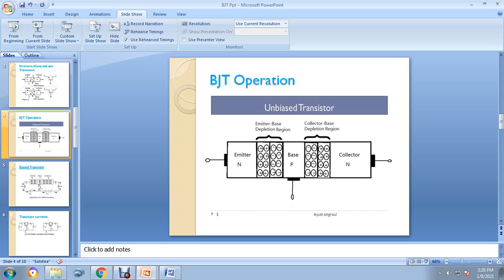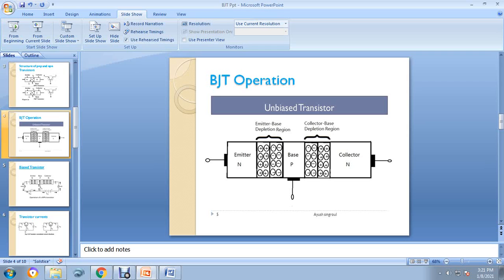Similarly, the depletion region at the collector junction penetrates less in the heavily doped collector region and extends more in the base region. So the barrier voltage, which is the voltage necessary to cause electrical conduction in a junction, is of two dissimilar materials.